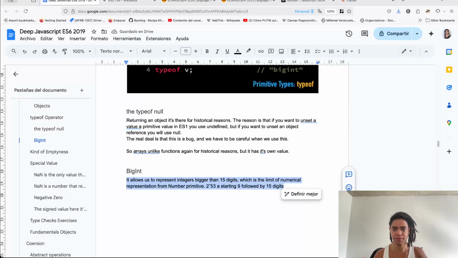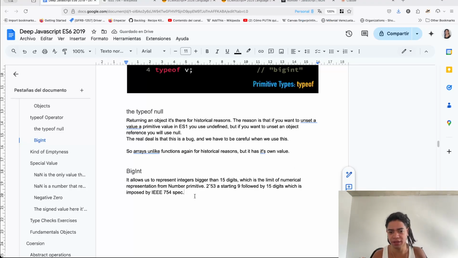That's the limit of numerical representation for the number primitive, imposed by the IEEE 754 spec, the Institute of Electrical and Electronics Engineers. So far so good.